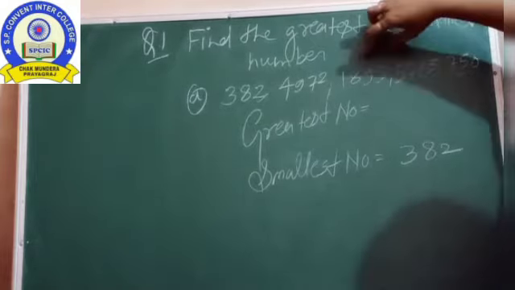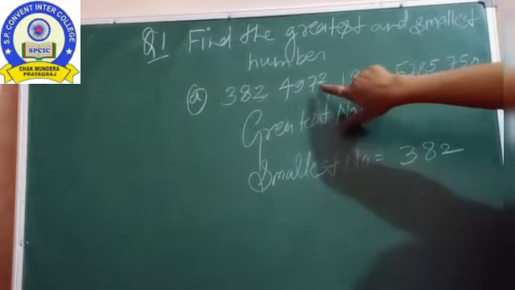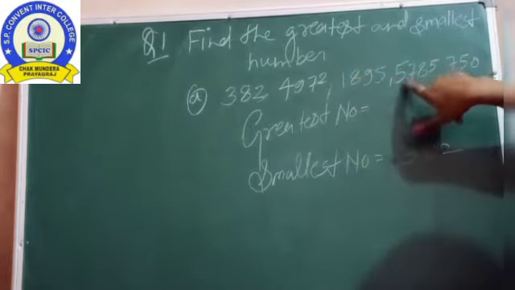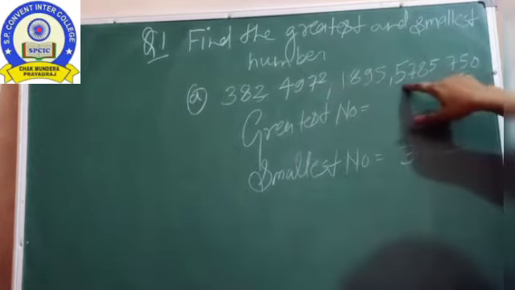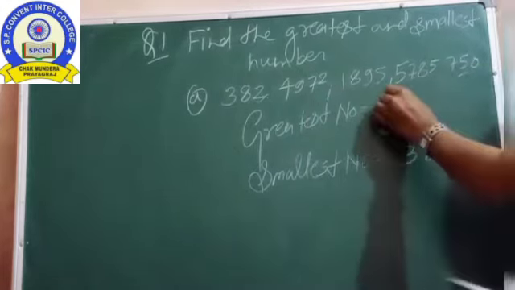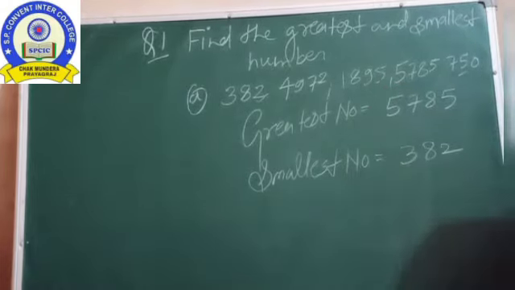And now the comparison is of 3 numbers: 5, 1 and 4. 5 is greater than all the numbers, so this is the greatest number, 5785.